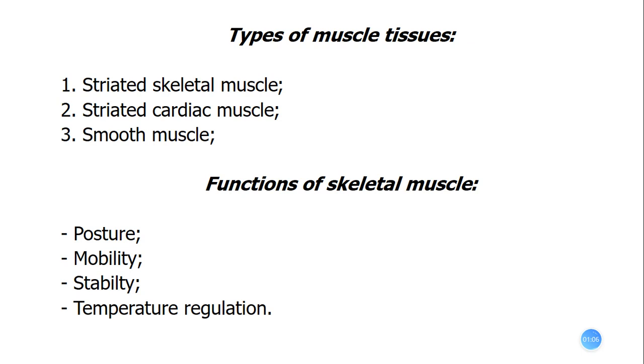And then we have functions of skeletal muscles, and the first one is posture. It means skeletal muscles help our body to keep the correct position when someone is sitting or standing. And then we have mobility, the main function of the muscular system, to allow movement.